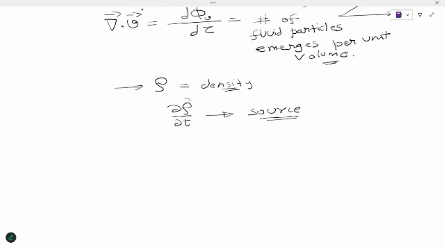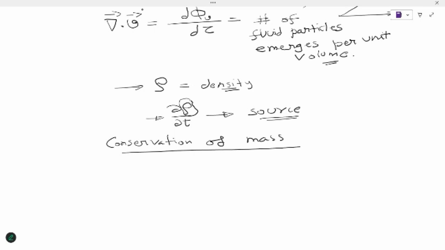That's why rho changes with respect to time. As we have conservation of mass in Newtonian mechanics, these two, leaving and emerging, have to be equal.